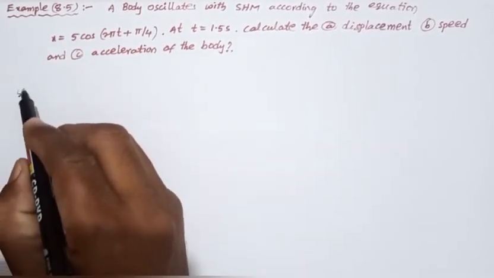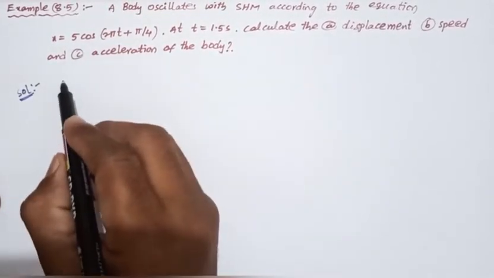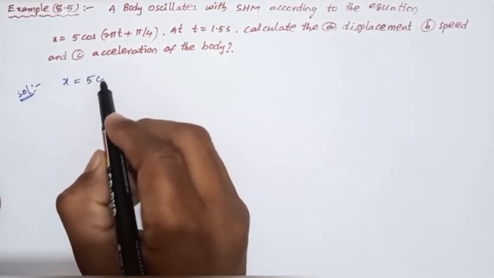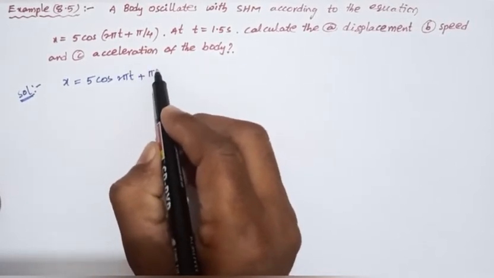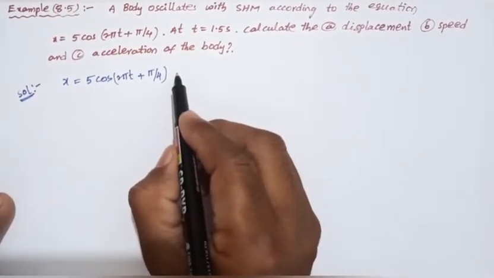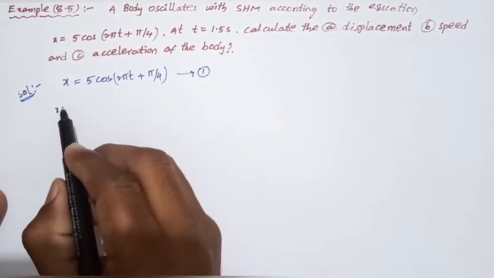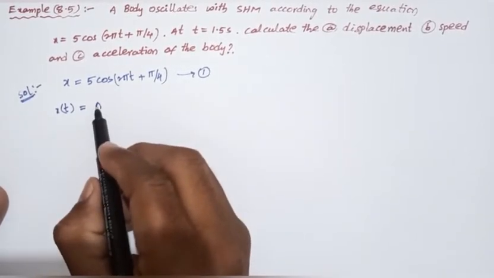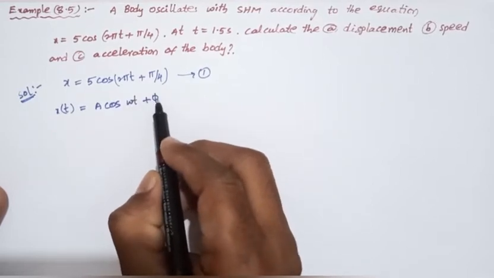The given equation is x equals 5 cos (2 pi t plus pi by 4). Let this be equation number 1. We already know the equation of displacement, x of t equals a cos (omega t plus phi).